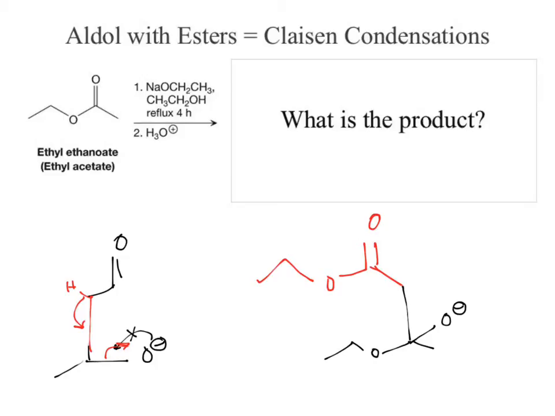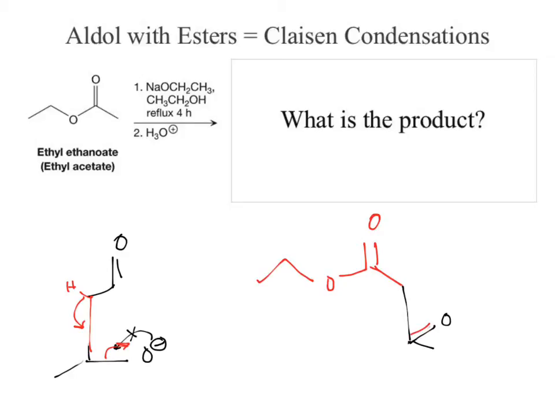What happens with our Claisen? Which then means the product I get is not the exact same as the aldol. I get a dicarbonyl. Okay?